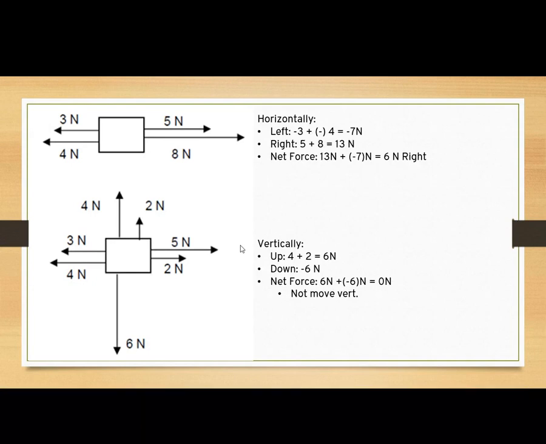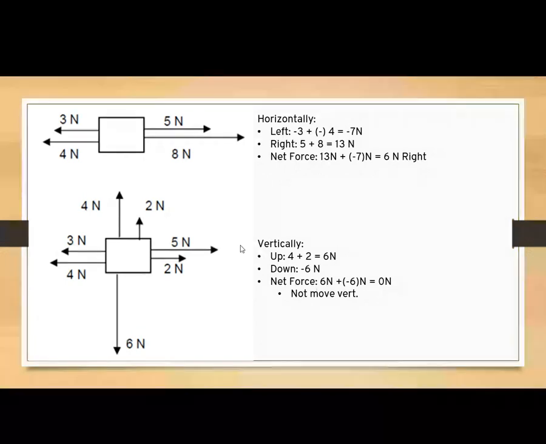Then on the right, we have 5 and 8. Add them together, we get 13. That is the overall right force. And to get the net force, the sum of the forces horizontally, we'll take 13 plus the -7 equals 6 newtons. And then since the right has the bigger amount of force, that's the direction that we're going to go.